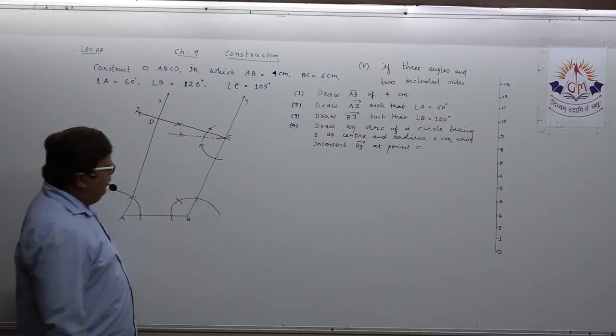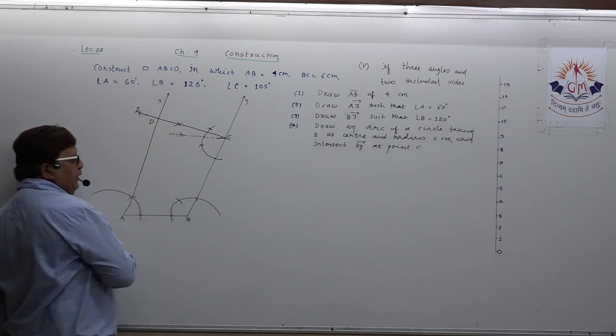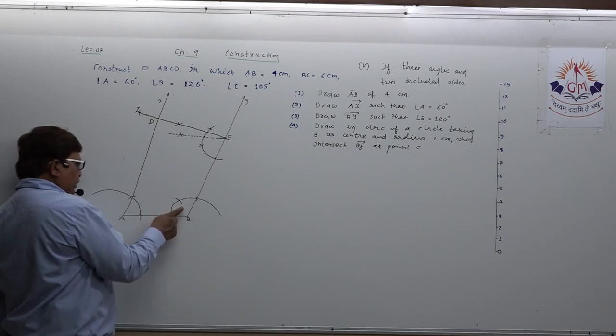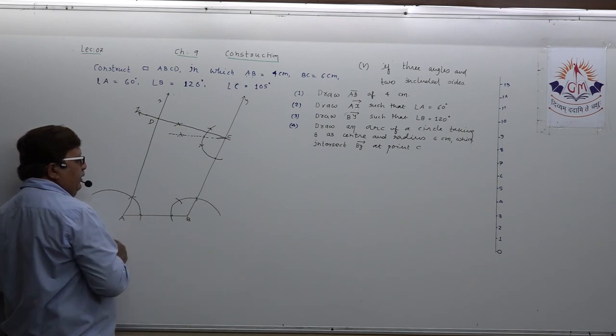Okay, it is just the sequence of what you are doing here. AB is 4 centimeter, then you have drawn a ray AX to realize angle A as 60 degree, ray BY to realize angle B as 120 degree.